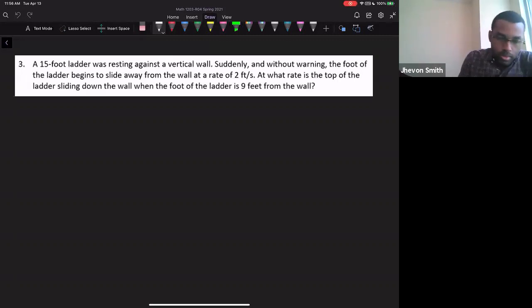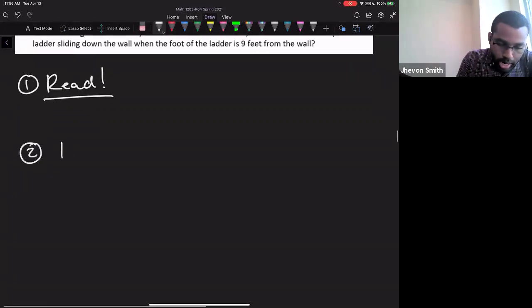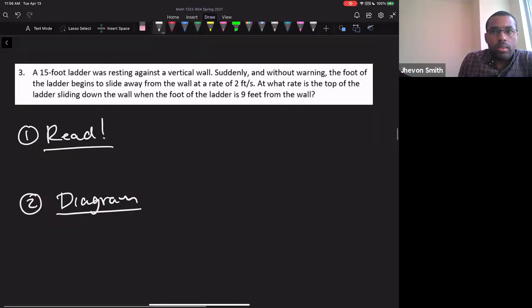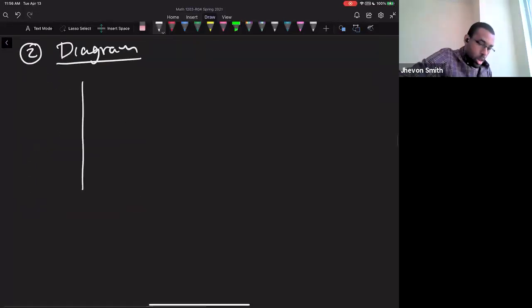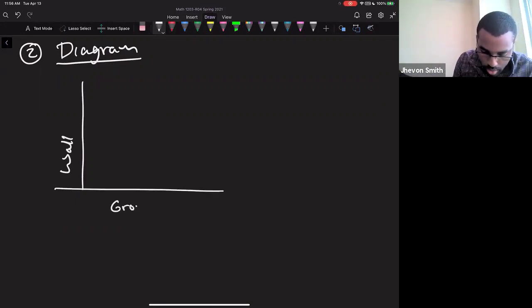So step 1, read. You know it's a related rates problem. Step 2, diagram. Does anyone see what the diagram is going to look like here? A right triangle. You're going to have a vertical wall and you're going to have the ground here.